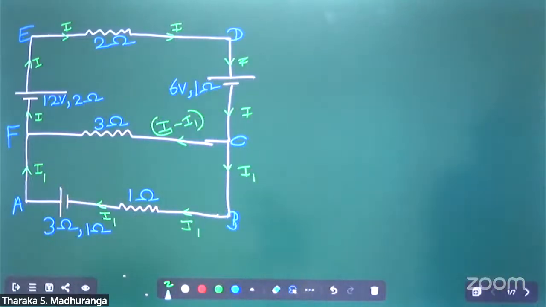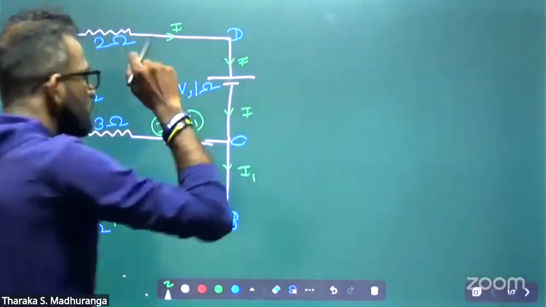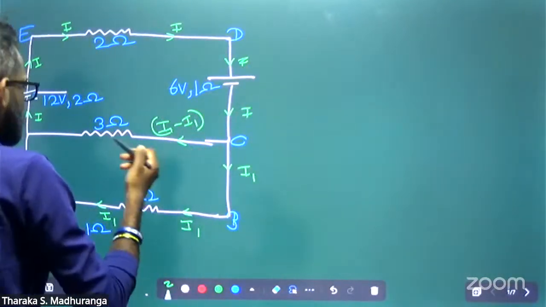Okay, you can calculate in your own way. Use whichever loop you prefer.